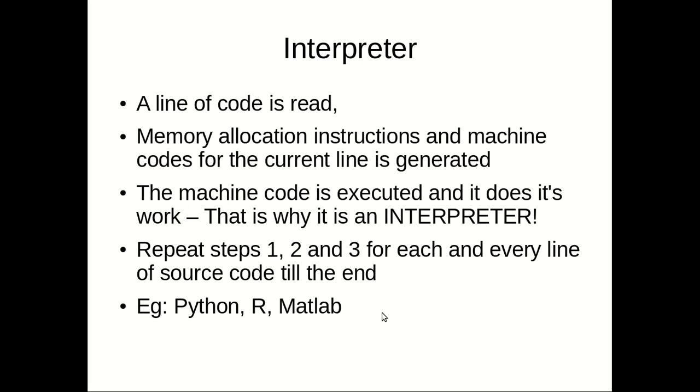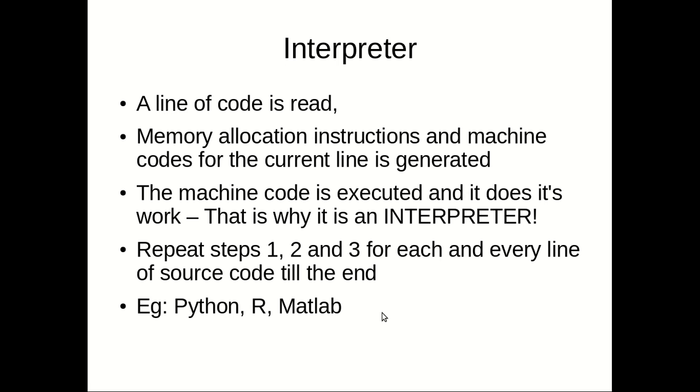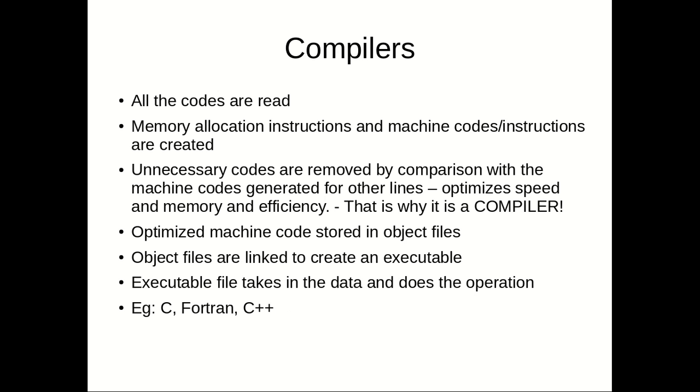There are advantages and disadvantages of using compilers and interpreters. As far as speed is concerned, compilers are the fastest because the compiled machine code is highly optimized, very sharp and to the point. It cuts the chase and does the job properly.